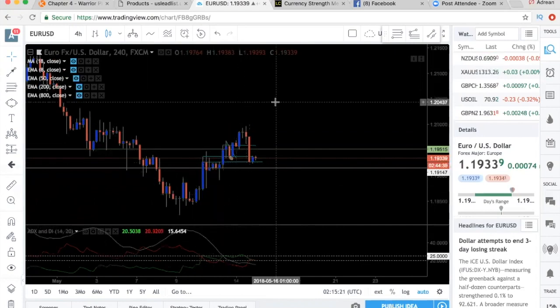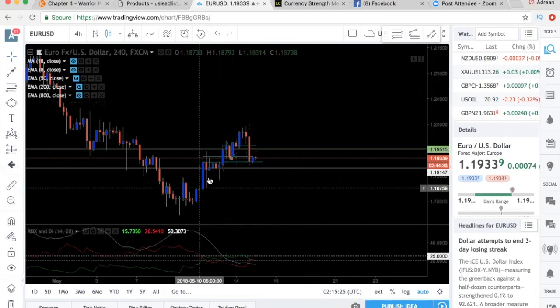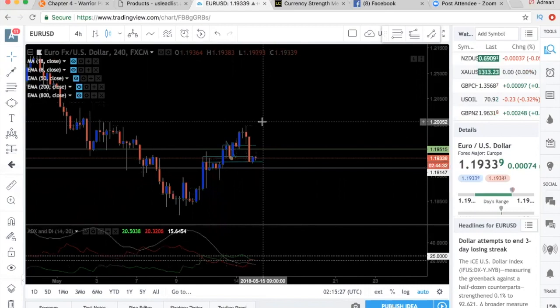Y'all can unmute yourselves and tell me, do you see mainly blue or mainly red? Mainly buys, blue. Exactly. So that lets you know that temporarily the market is controlled, or your money is being controlled, by buyers. Exactly.